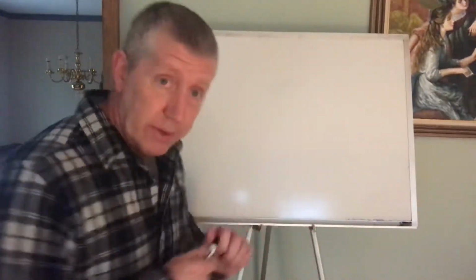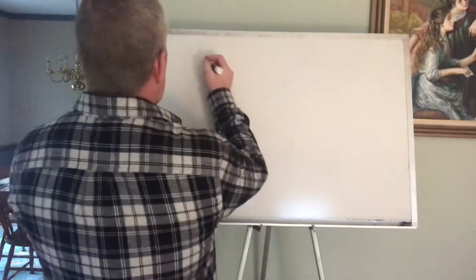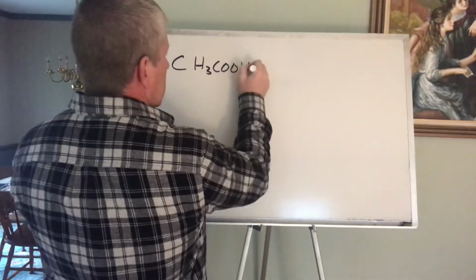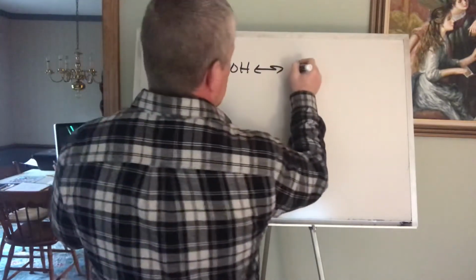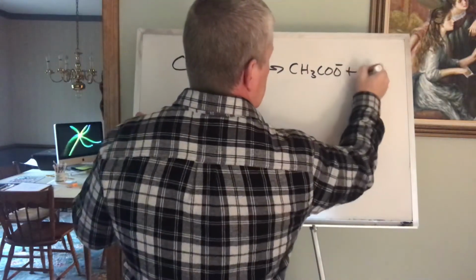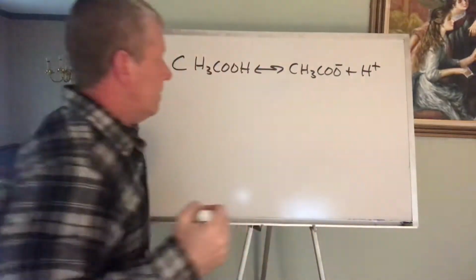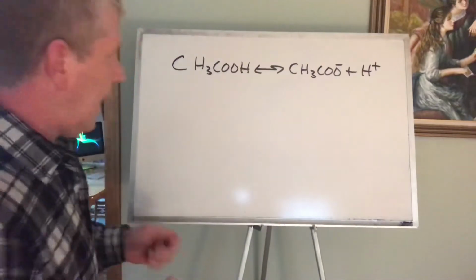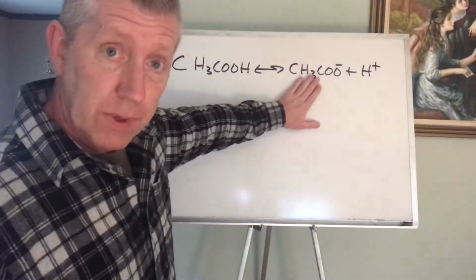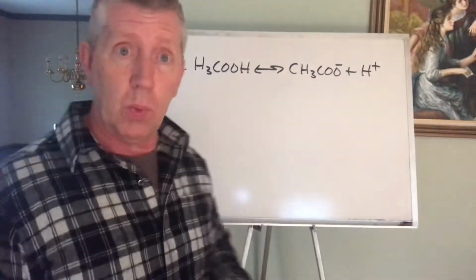Let's go ahead and put up the equation again. There's our weak acid. We've added some salt to it to spice it up with some acetate ion in the solution as well.